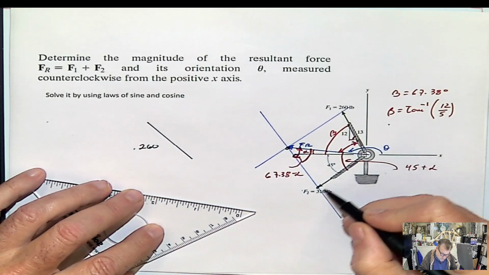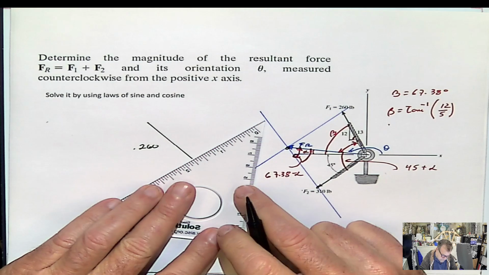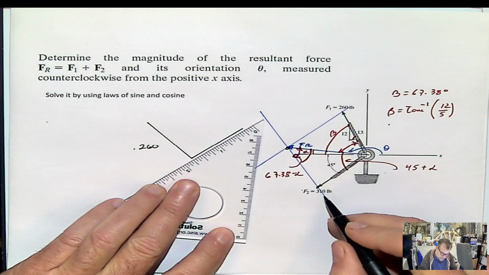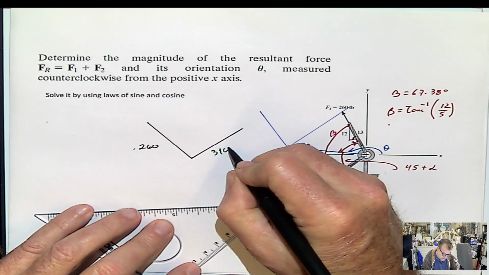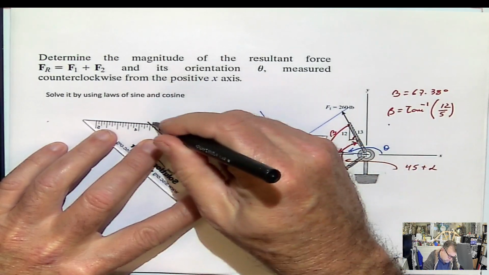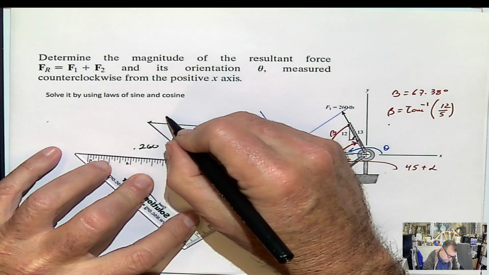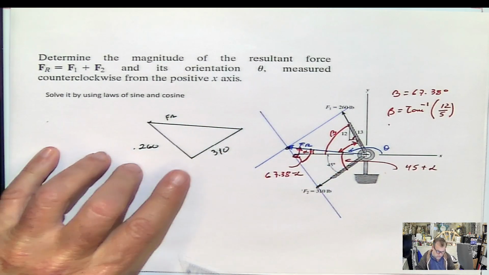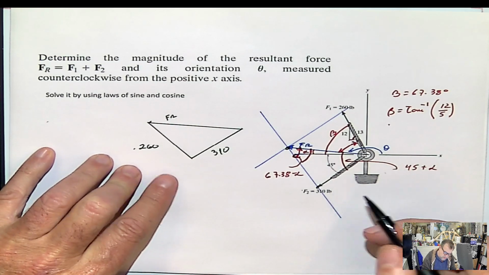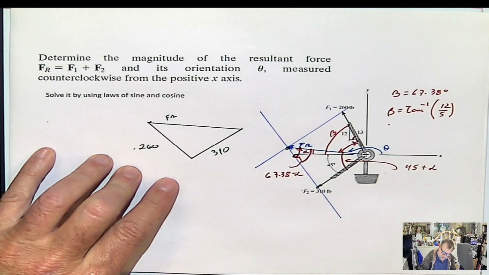And now this other side, which is this one, will be 310. And the resultant force will be this one. I'm going to put it here, resultant force. I don't know how much that is. And then we can start placing the values that we have here.